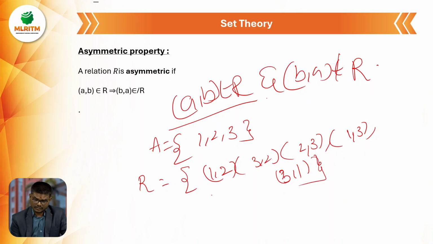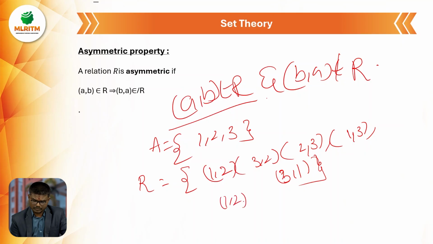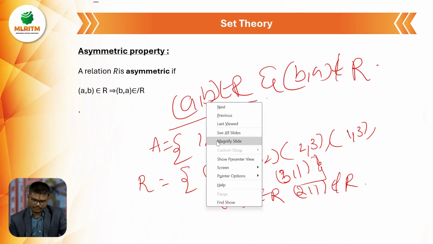So here 1 comma 2 belongs to R and 2 comma 1 does not belong to R, so it is satisfying the asymmetric property.